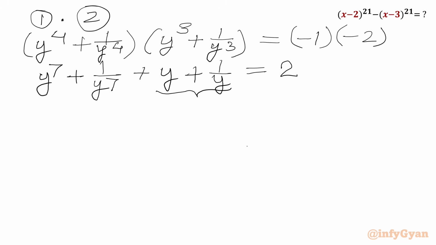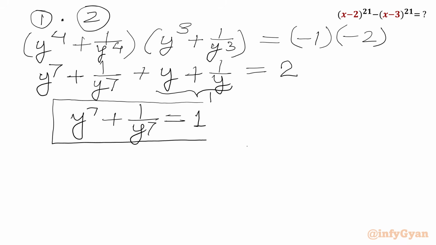Now this is 1. So we will get y power 7 plus 1 over y power 7 equal to 2 minus 1, we can write 1. This is our equation number 3.